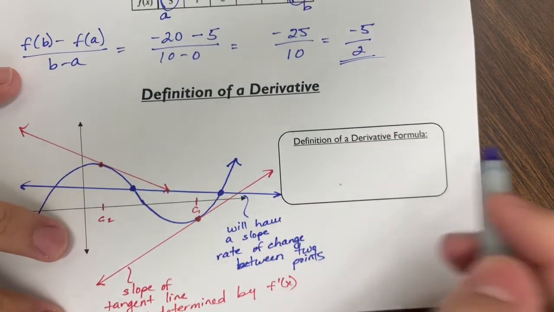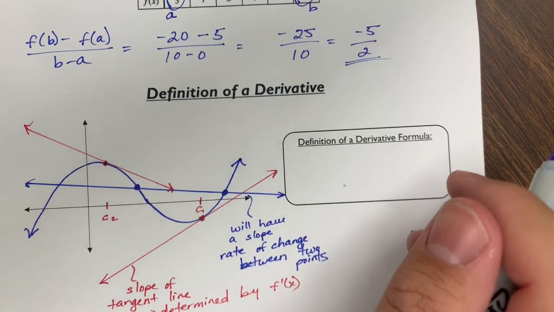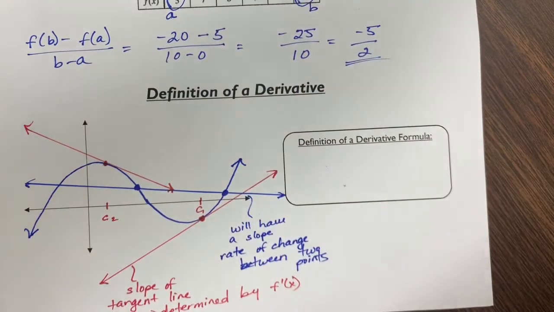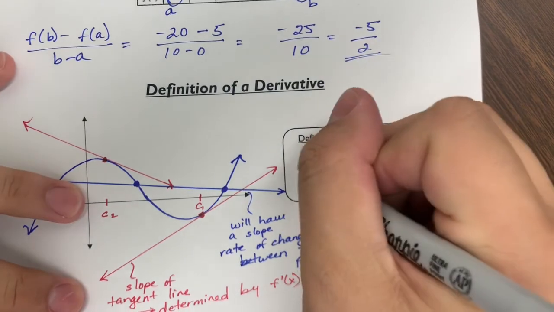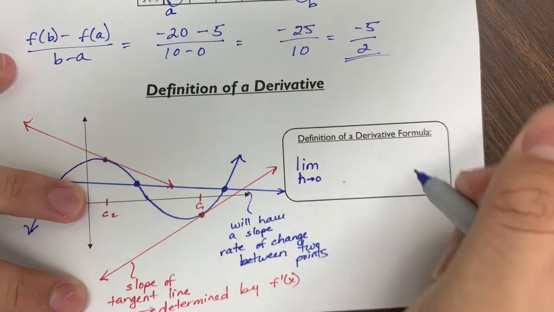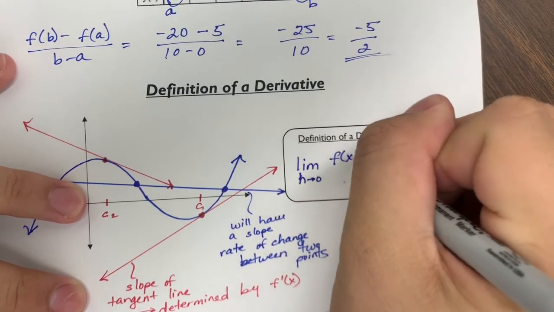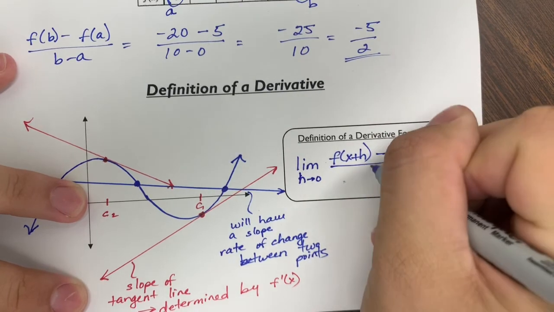So over here, the definition of the derivative formula. Now, I know some of you probably know the shortcut, and that's fine, I'm happy for you. But I still want you to understand how to do this the long way, because there are some conceptual questions on the AP exam that use this formula. That's the limit as h approaches 0 of f of x plus h minus f of x, divided by h.